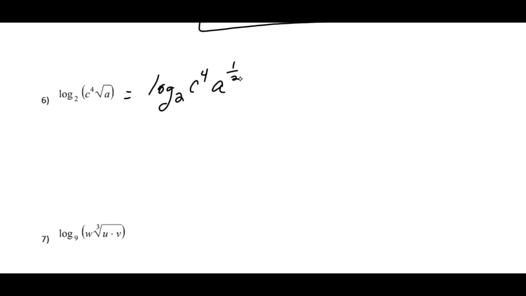Okay, we are multiplying two things here. We have two factors, so that means we can expand this out to 2 logarithms that are being added. So log base 2 of c to the 4th plus log base 2 of a to the 1/2.